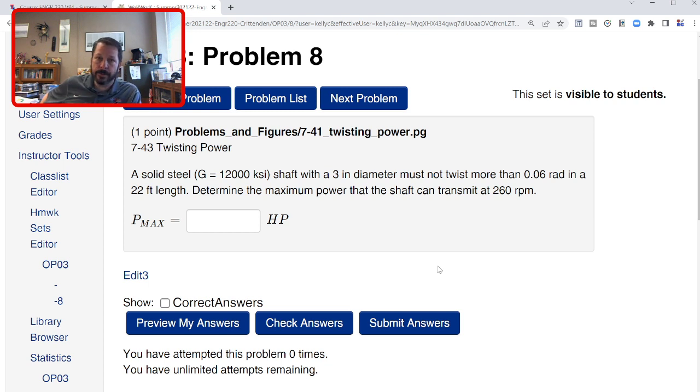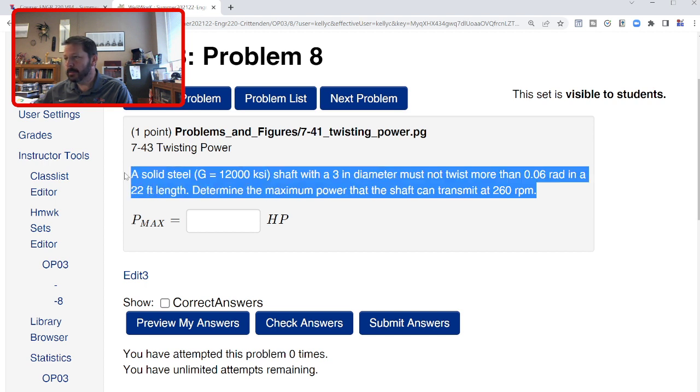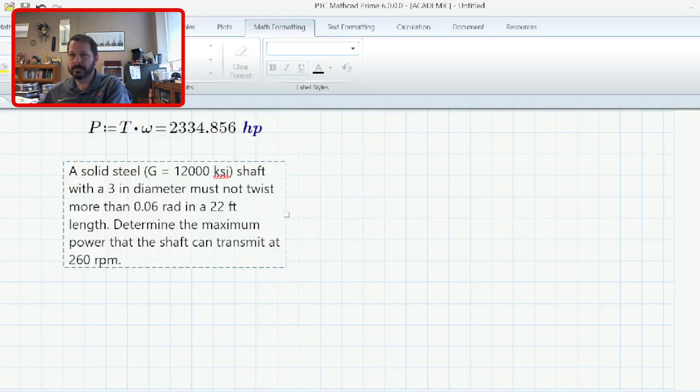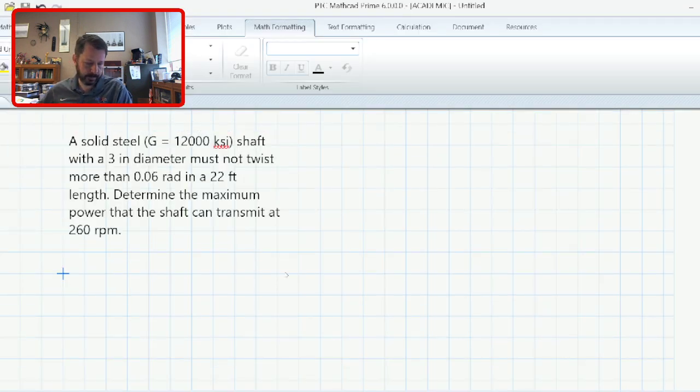So this is a similar problem, but instead of limiting us on shear stress, they're limiting us on angle of twist. This time I want to copy this so that I don't have to keep looking back and forth. Oh, wait, I guess we can just do it in MathCAD, can't we? I just dropped it straight into MathCAD, so let's just try it over here.